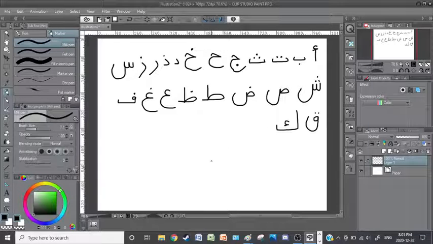Next comes the L letter of Arabic. So what you will do is you will draw an extremely long vertical line and then perform a U-turn. However, this second vertical line, or it could be a curved line, it is up to you how you wish to draw it, must not be longer than this.